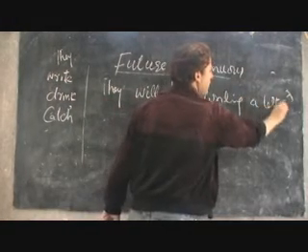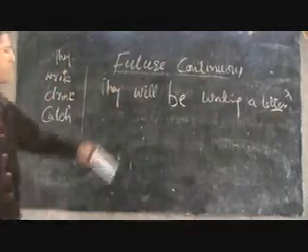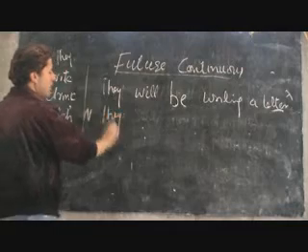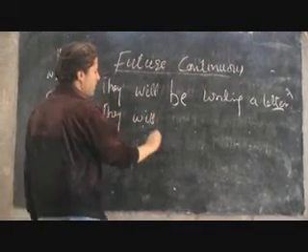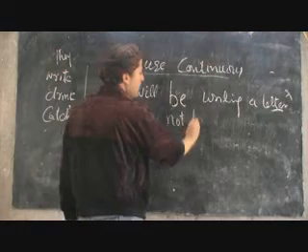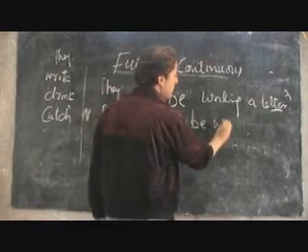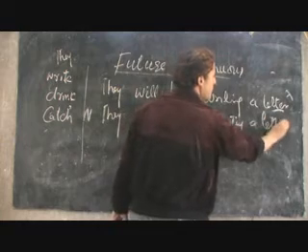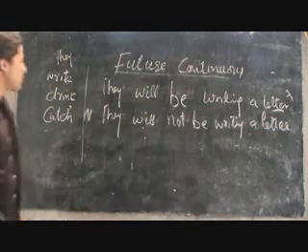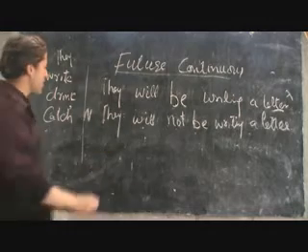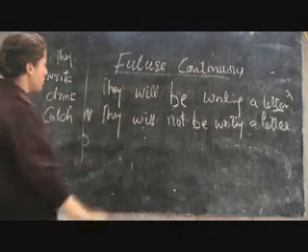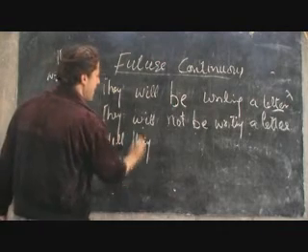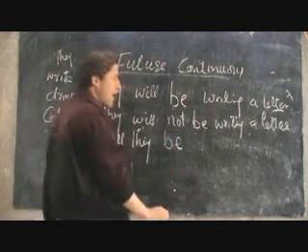Now there is the negative one. So they will not be writing a letter. Now dear students, to make interrogative in the future, we take out will, shall. So it will be will they be, or will they be writing a letter?